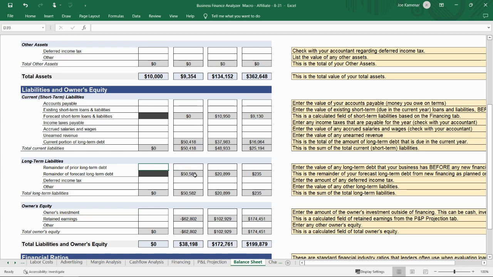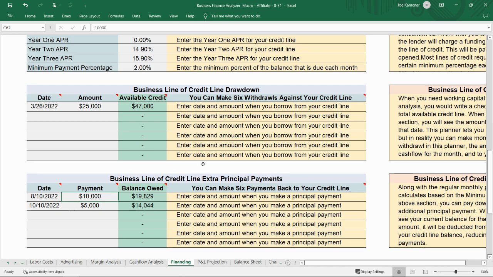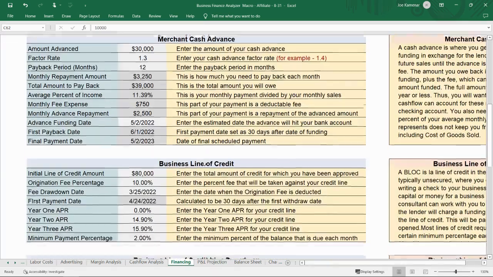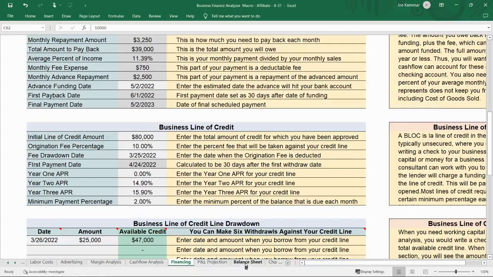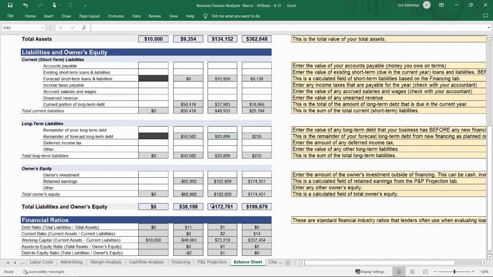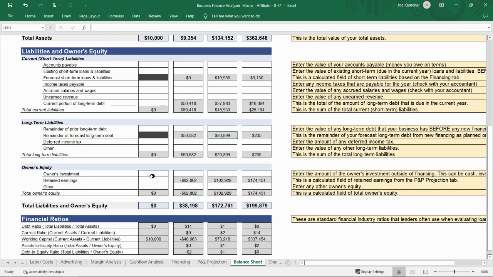And as you can see here, each year for remainder of forecast long-term debt, when you're doing stuff within the financing tab, all the information that you have here on new conventional loans and merchant cash advance, business line of credit, that is going to become part of your long-term debt. So anything that's not due in the short term will get calculated and inserted as the remainder. So it's all taken care of automatically for you. Add in deferred income tax or other, and you get your total long-term.